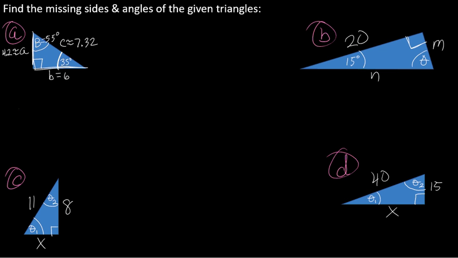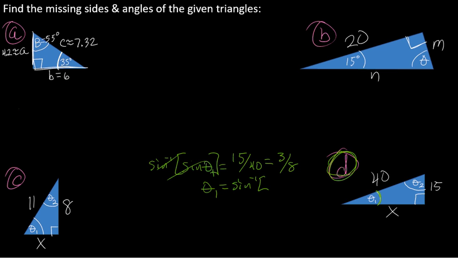I'm going to calculate theta 1 first, and I'm going to use sine. For triangle D, the sine of theta 1 is equal to 15 over 40. I'm going to reduce that by 5 so I have smaller numbers, which gives me 3 over 8. So theta 1 is equal to the arc sine of 3/8, because I take the arc sine of both sides.